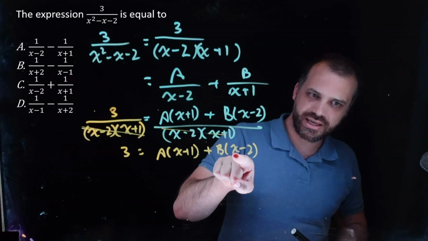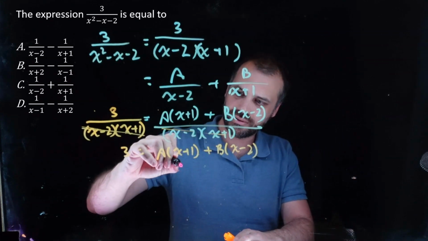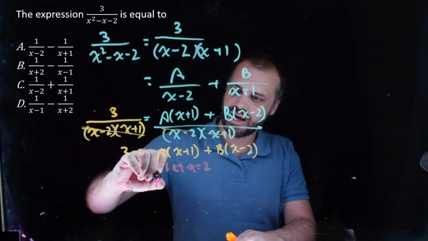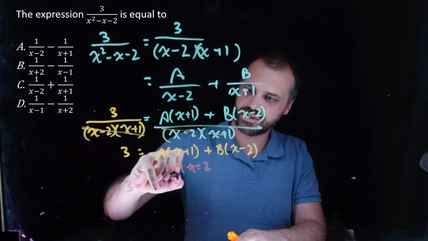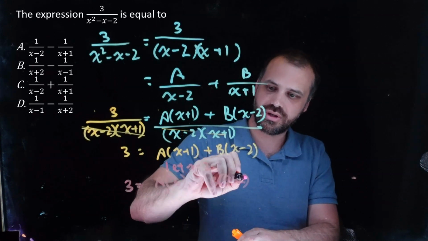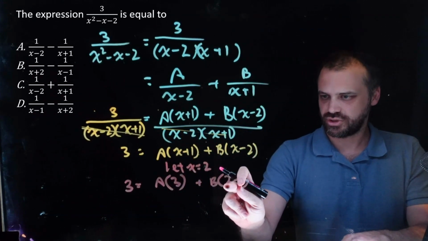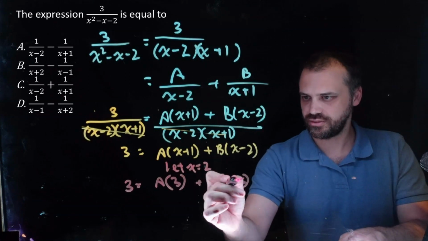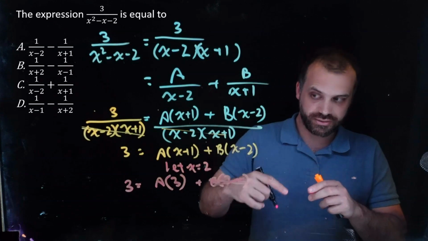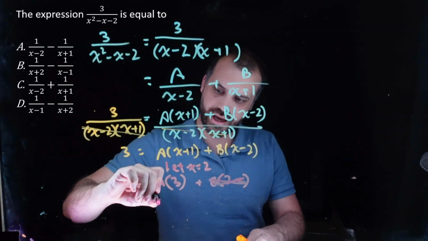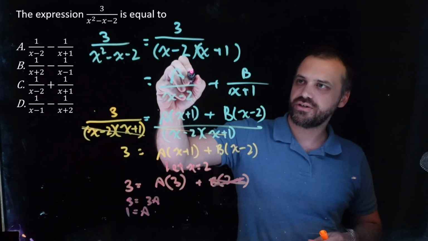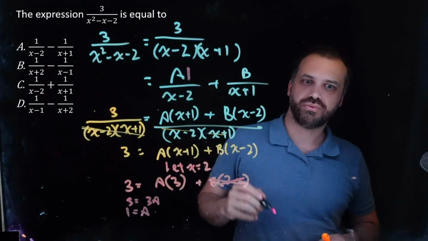If I let x equal 2, we'll get 3 equals A times (2 plus 1), which is 3, plus B times (2 minus 2), which is 0. 0 times B is 0. Done. So, 3 is equal to 3A, and A is equal to 1. So we know that this A value is equal to 1.